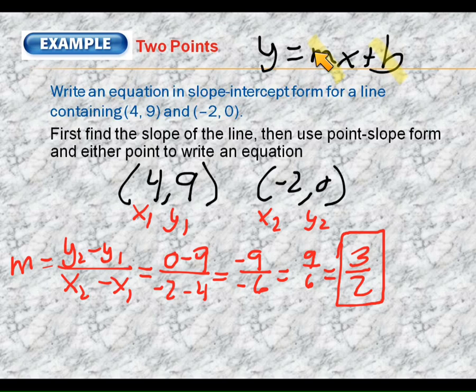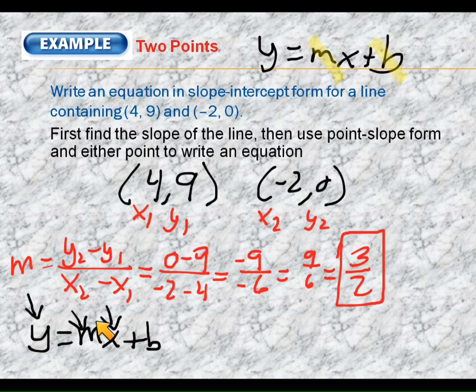I have my m. The only thing I need now is to find this b. Okay? Because once I have the b, I have m and b, I can write the equation. To do that, if I go back to the equation y equals mx plus b, I can plug in a y, an m, and an x and solve for b.